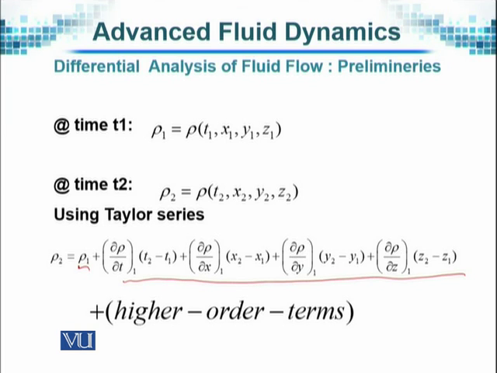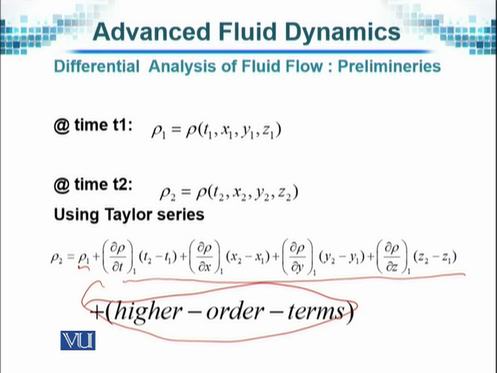And then, since the Taylor series is supposed to comprise second order, third order, fourth order, up to nth order derivatives, there will be many more similar terms occurring. They are not written here, and we have simply written that these first terms plus the higher order terms.